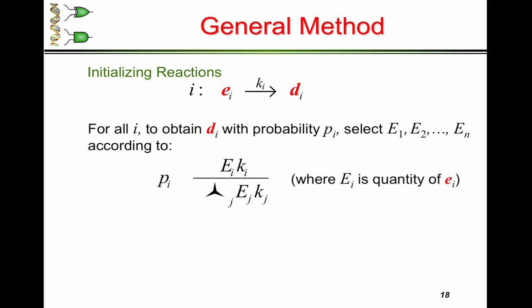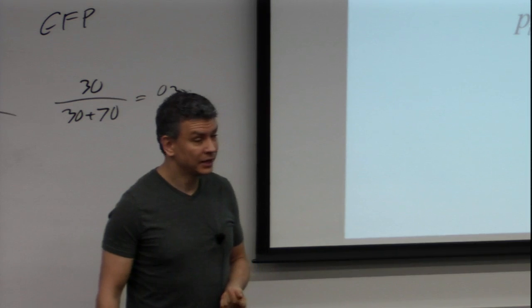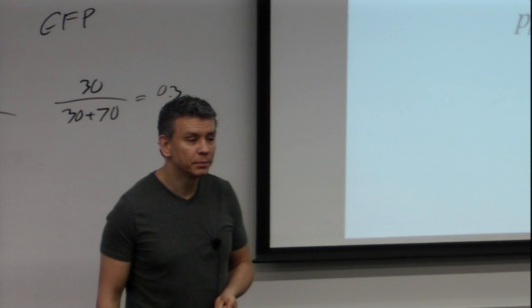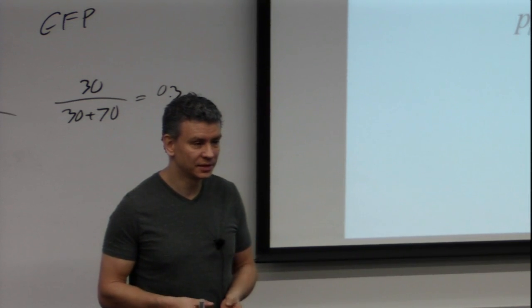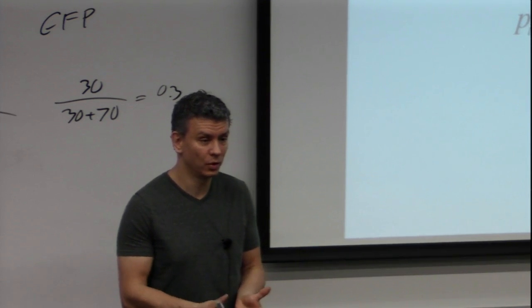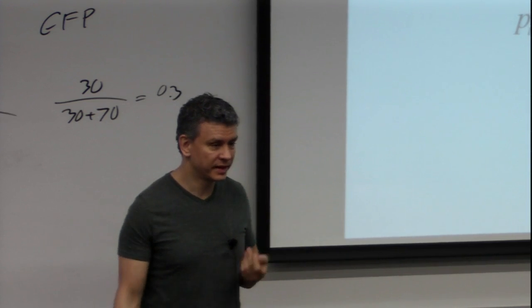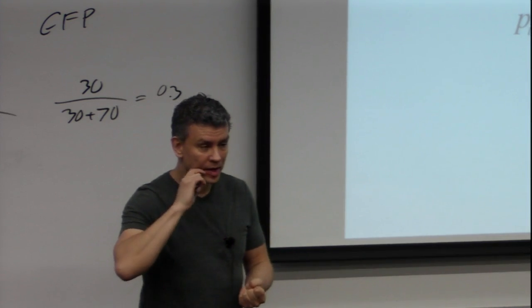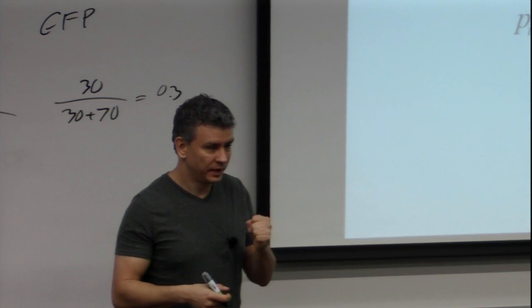And in particular, suppose that the rates that I have for the reactions, I just call them all 1. Suppose that the rates of those initializing reactions are not necessarily something I can control so that they're all identical. Because, of course, the chemistry for E1 going to D1 may be different than the chemistry that goes from E2 to D2.